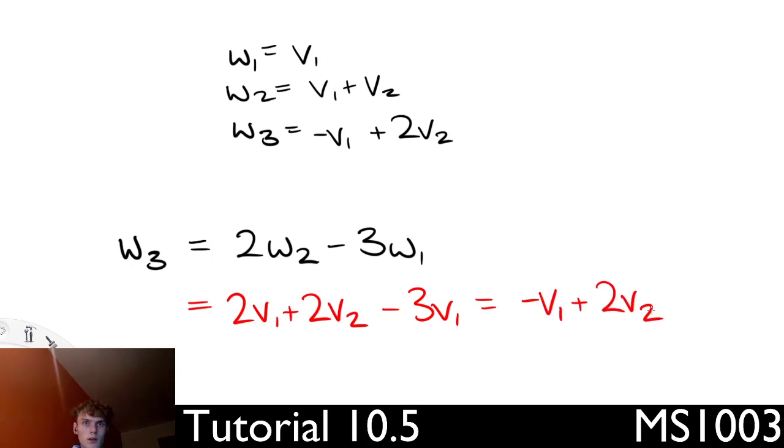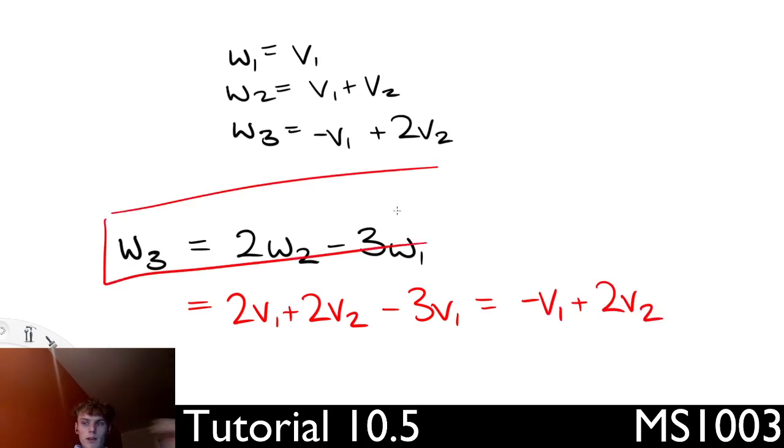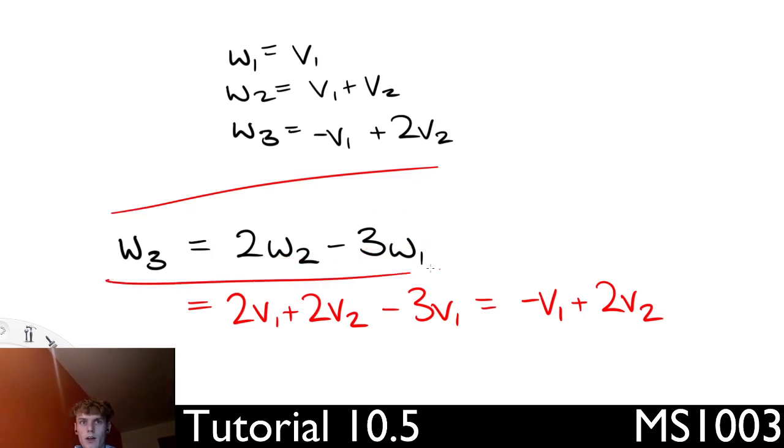So, to show they were linearly dependent, all you have to do is write this down. That's literally it. I can write one vector in terms of the other two, so they're linearly dependent. I said independent by mistake.